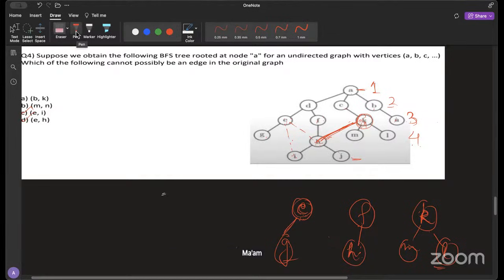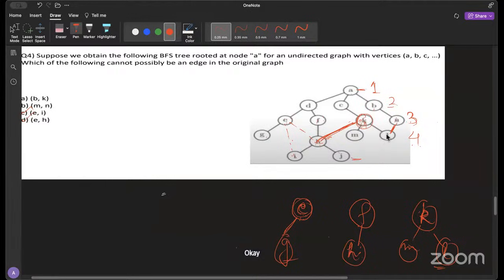Ma'am, is N connected to L? If you take N and L, they can be connected. That's fine.